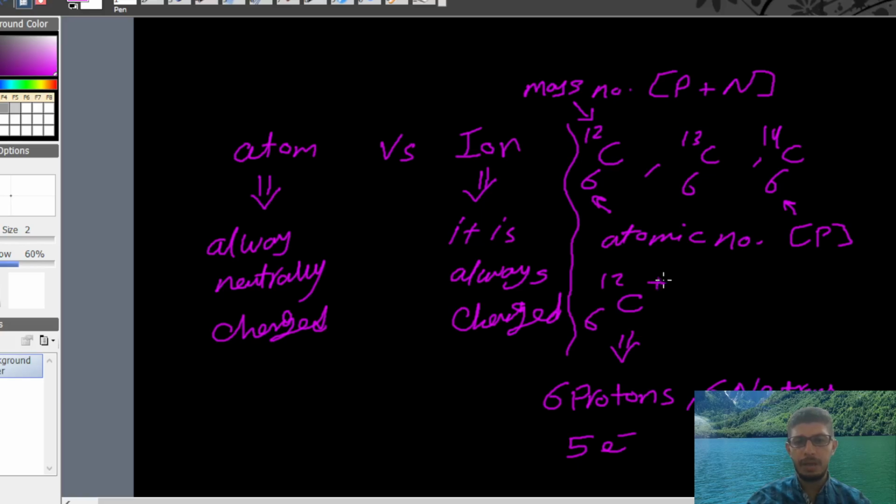If you have a neutral carbon atom here, you would see that the number of protons is equal to the number of electrons, right? But this is not the case here. We see it differently, right? So we have here 6 protons and 5 electrons. So a positive charge on the carbon atom should appear.